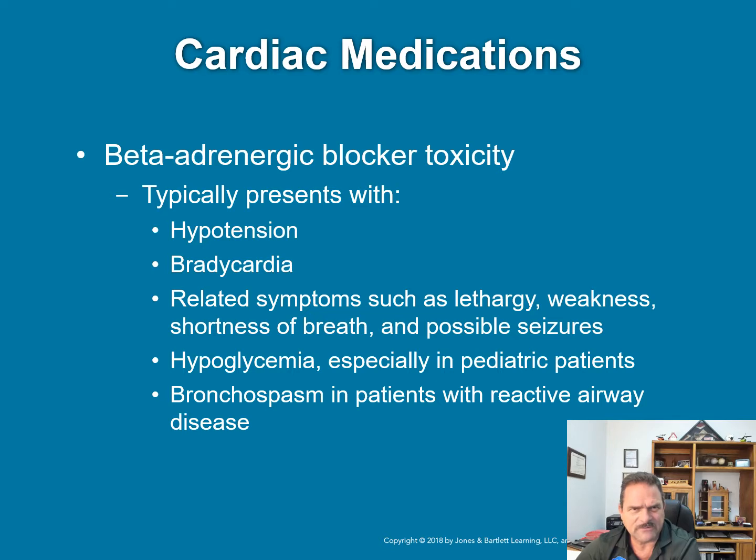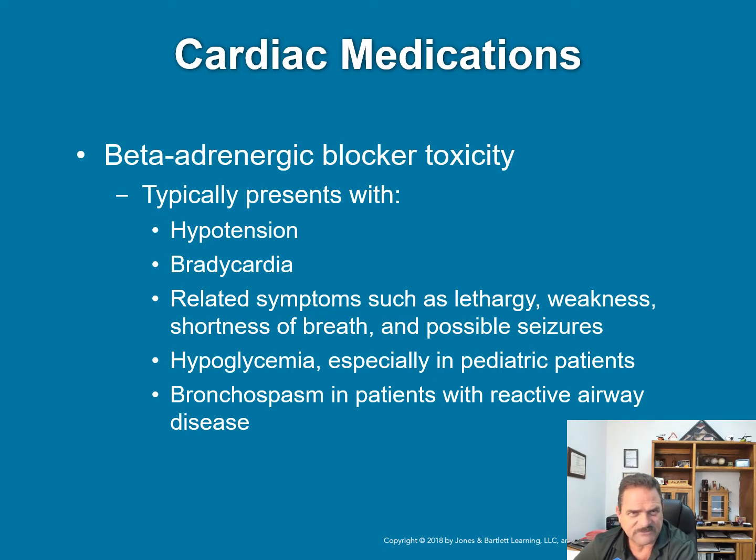Beta-adrenergic type of problems typically present with the following: hypotension, bradycardia, and related symptoms such as lethargy, weakness, hypoglycemia, especially in pediatric patients, and then bronchospasms in patients that have some kind of reactive airway disease. Consider atropine sulfate for symptomatic bradycardia, but it may be useful only in mild overdoses.